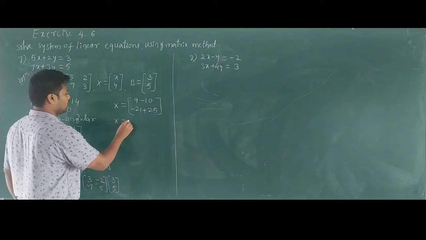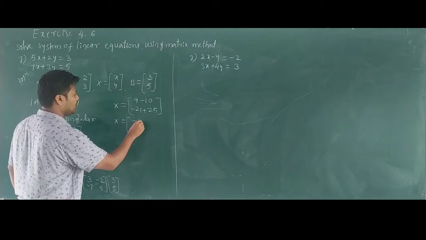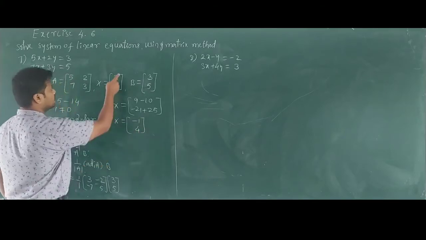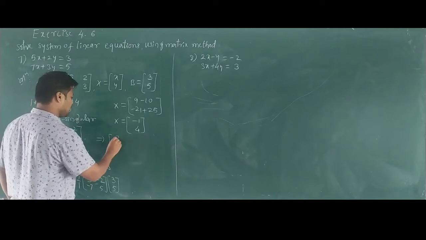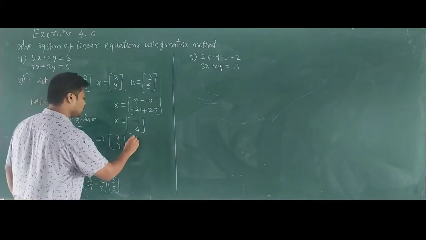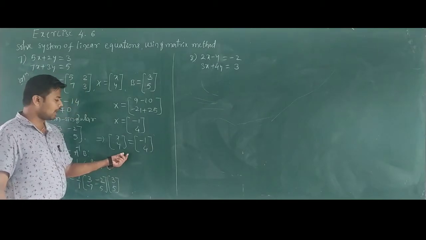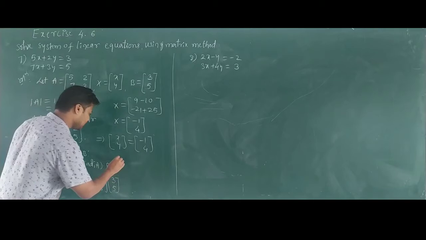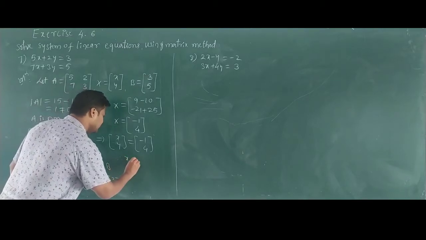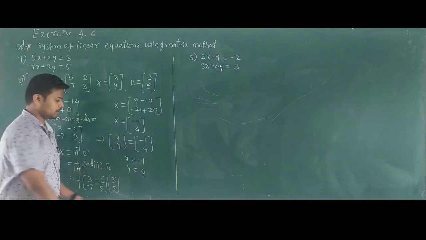So X equals minus 1, 4. So X is nothing but the variables: x y equals minus 1, 4. If two matrices are equal, then the corresponding elements are also equal. So x equals minus 1 and y equals 4. This is the solution. Okay.